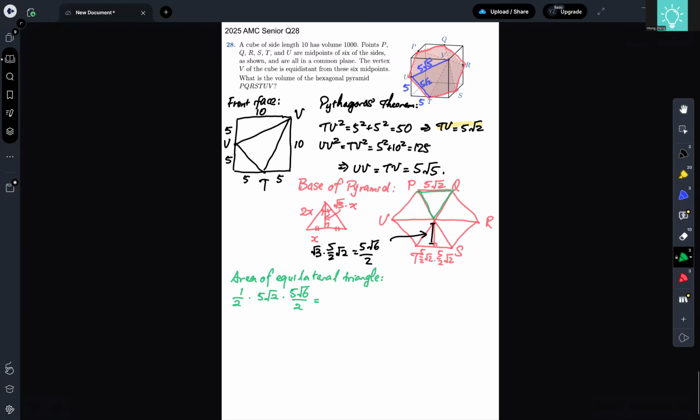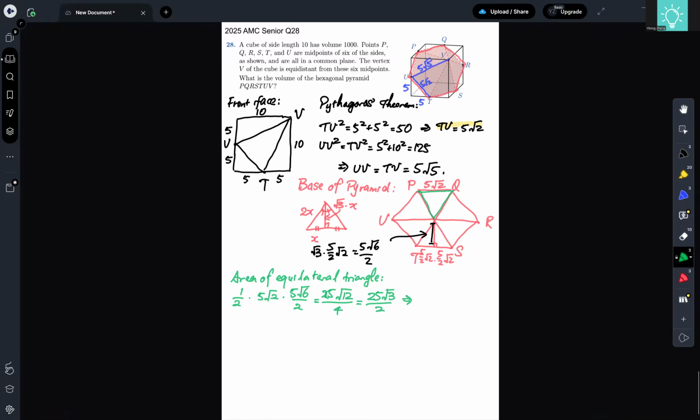So we have, on the numerator, 5 times 5 is 25. Root 2 times root 6 is root 12, over 4. But the square root of 12 is the square root of 4 times the square root of 3. The square root of 4 is 2, so the square root of 12 is basically 2 times the square root of 3. So that 2 cancels out with the 4 on the bottom. 25 square root of 3 on 2.